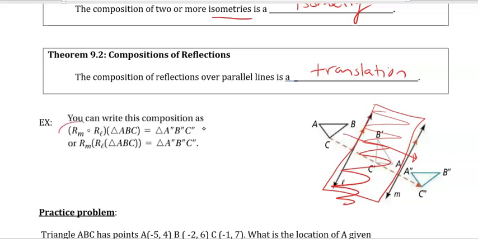Now, this is how you show a composition. That little dot means composition. Now, the really weird thing here is our brains always want to read from left to right because that's how we read books and that's how we've been trained. But actually, when you are completing these things, it's not going to be left to right, it's going to be right to left. So just be careful with that.